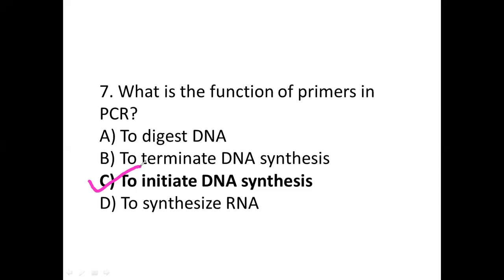When these primers add, only then will the process of DNA synthesis start. For DNA synthesis to start, primers have to join at the single strands at the 3' position. So the correct option for this question is option C.